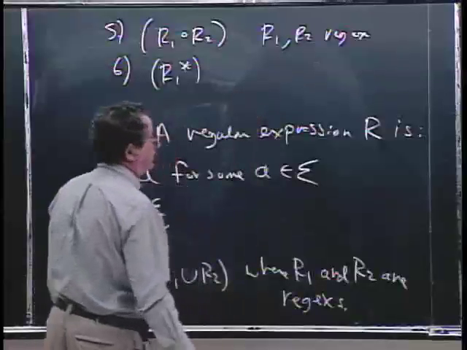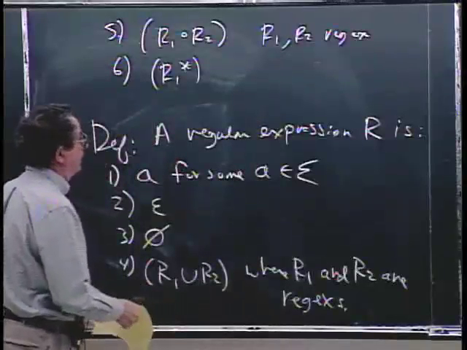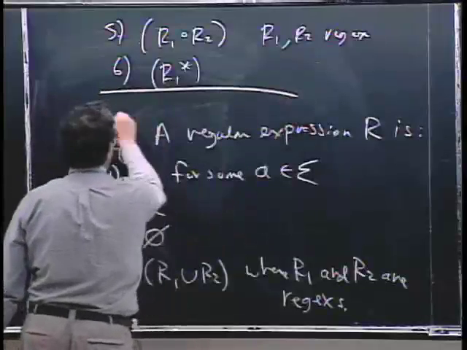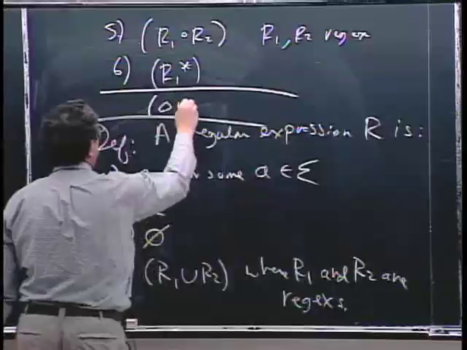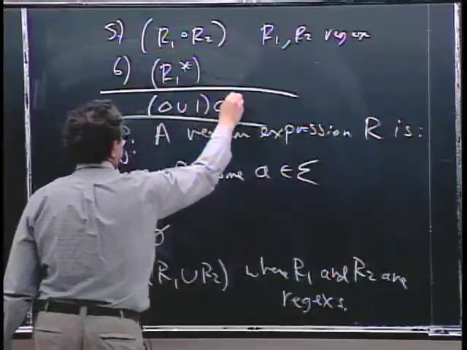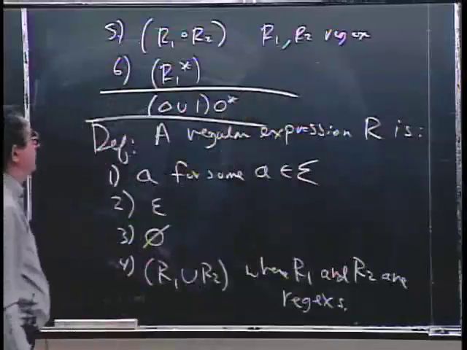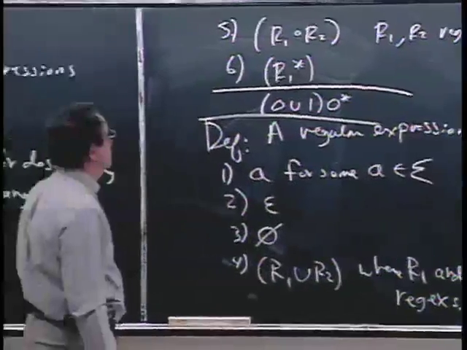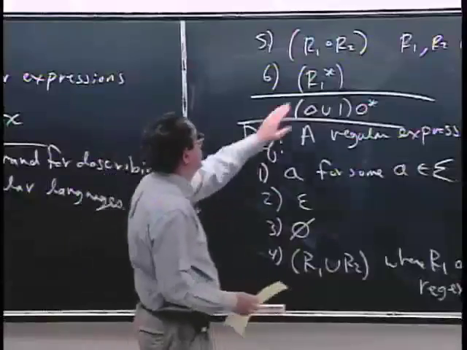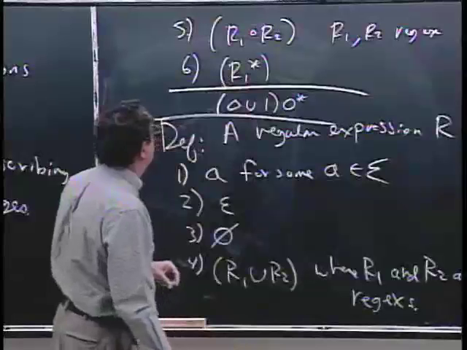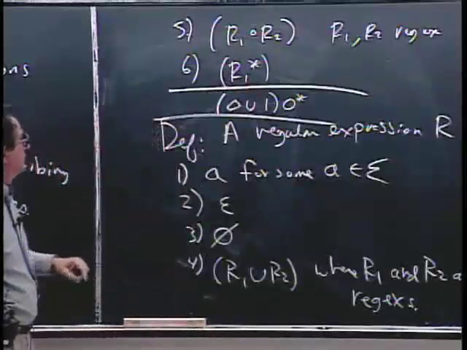Okay, so let's look at the regular expression that I had a minute ago. It was 0 union 1 followed by 0 star. These are operators: union, concatenation and star. So this looks bad.